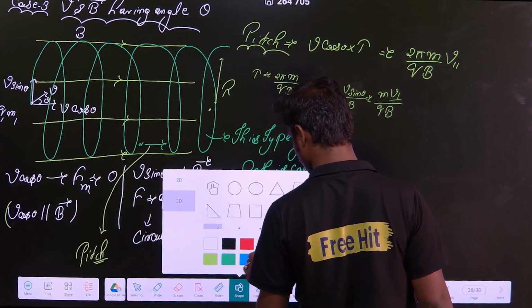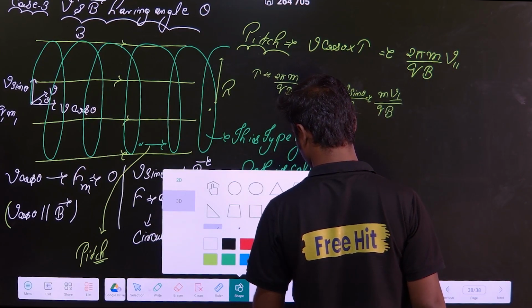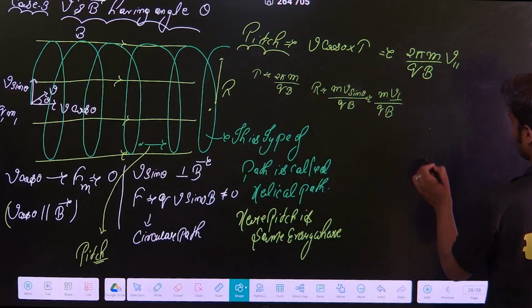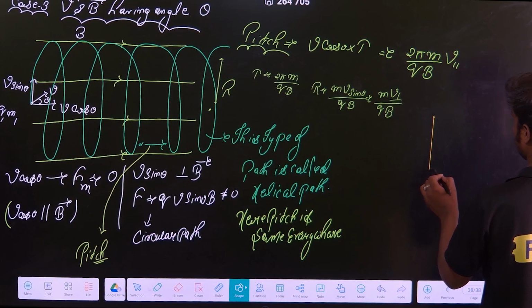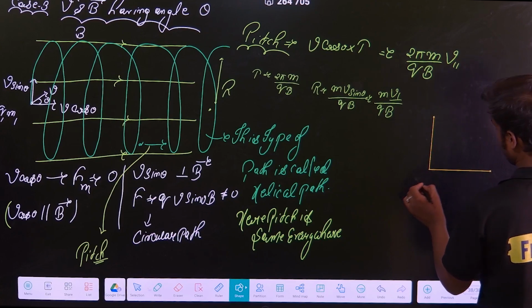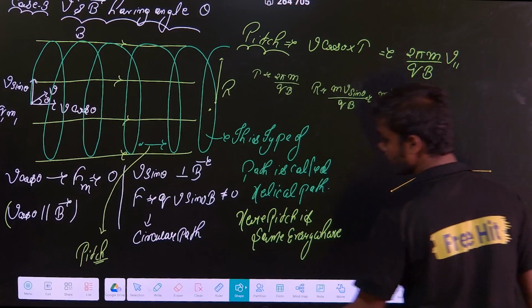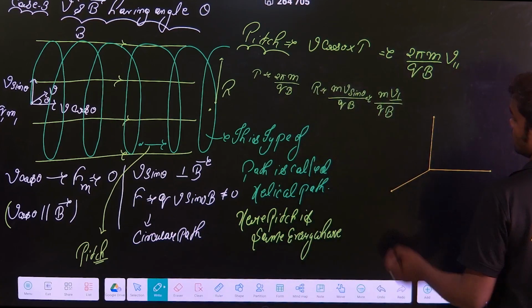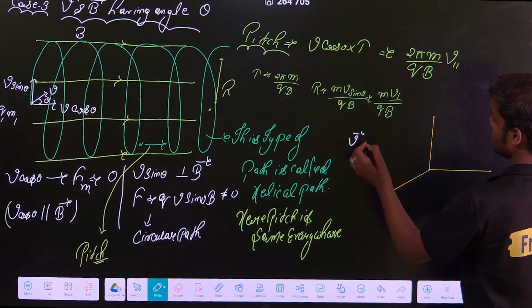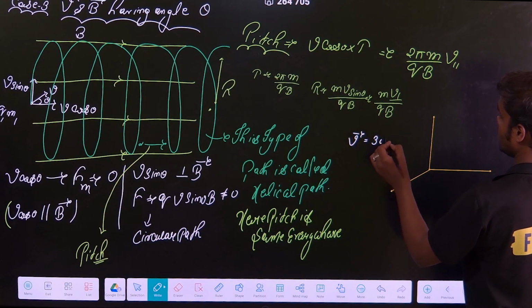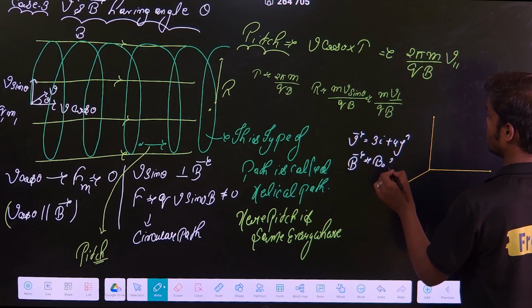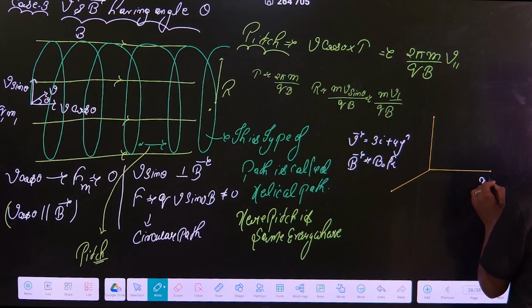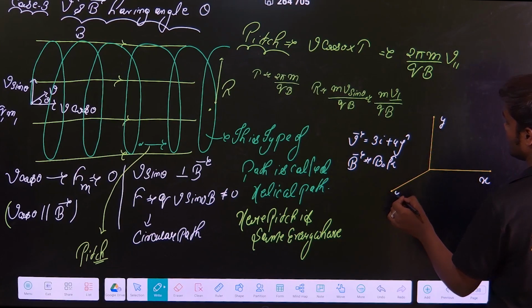Suppose this is my x, this is my y, and this is my z. Correct? Suppose my velocity is given as 3i plus 4j, and the magnetic field is given as B naught into k cap, correct? This is my x, my y, this is my z.